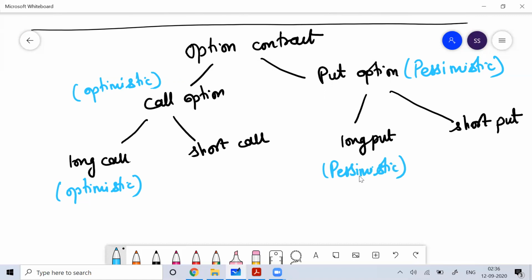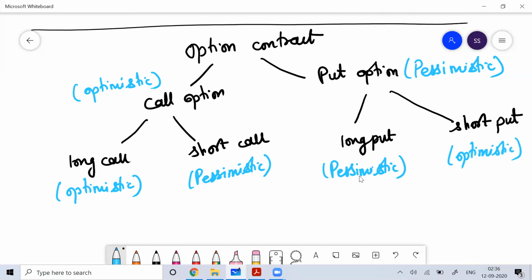So automatically, if long call is optimistic, the other person taking the position against it should definitely be pessimistic. Similarly, as I put long put as pessimistic, the other person should be optimistic.